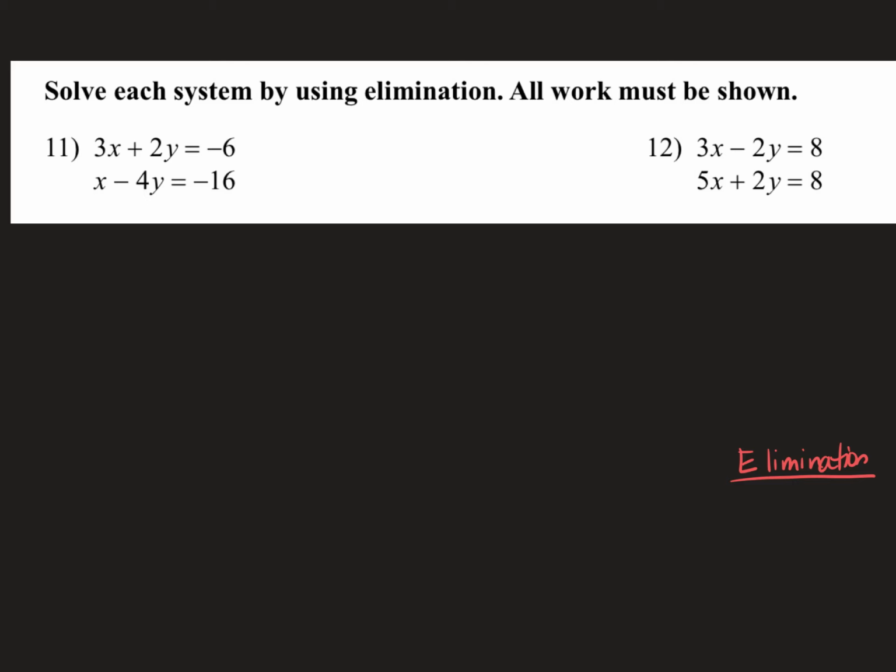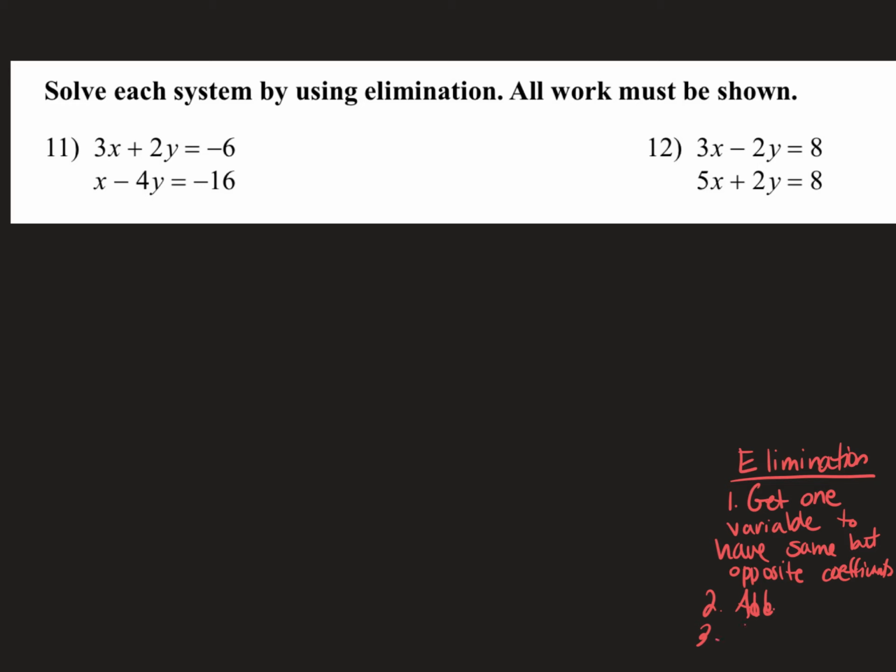Number 1. Get one variable to have the same but opposite coefficients, and you have to do that by comparing the coefficients and finding their least common multiple.